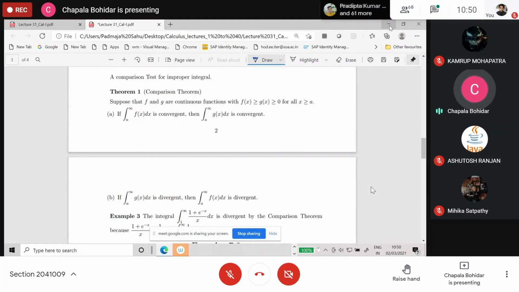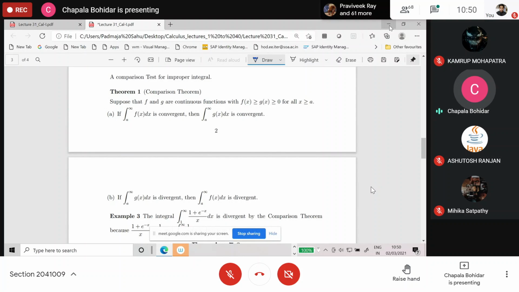For the convergent, first we consider f(x). If it is convergent, then we say g(x) is convergent. For the divergent, first we consider g(x). If it is divergent, then f(x) is divergent. Now example.